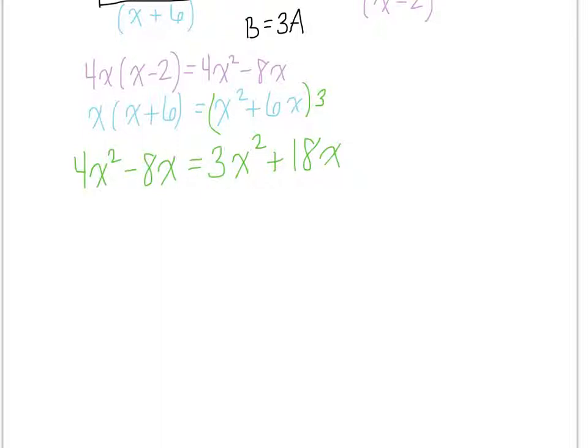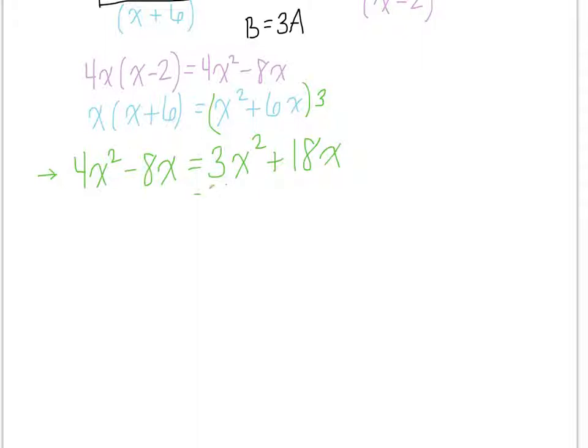Now we want to get all of our terms on the right side. We could subtract this side from the other side, but that would leave you with a negative x squared. If we do minus 4x squared and minus 4x squared, we end up with a negative x squared on this side, and we don't want a negative leading coefficient.